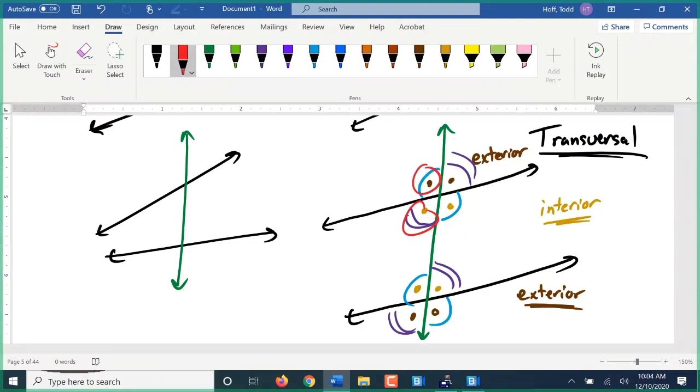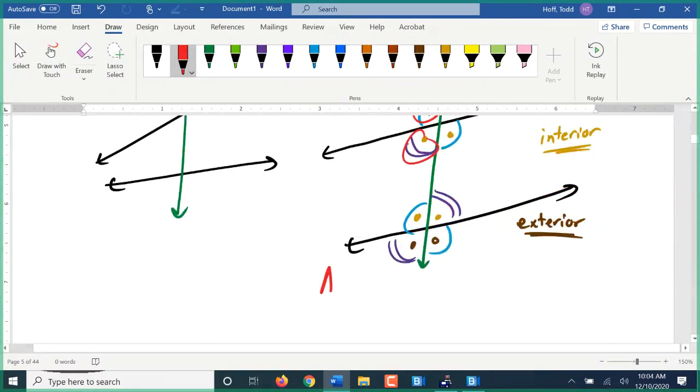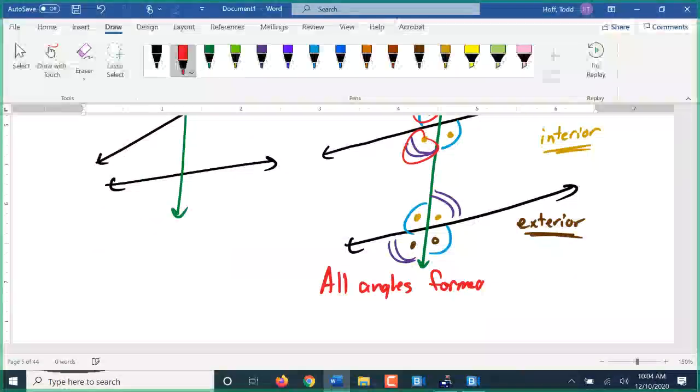So just like with our two intersecting lines, all angles formed are either equal or supplementary. So from those relationships, then, if we know one angle, we can find the other 7.